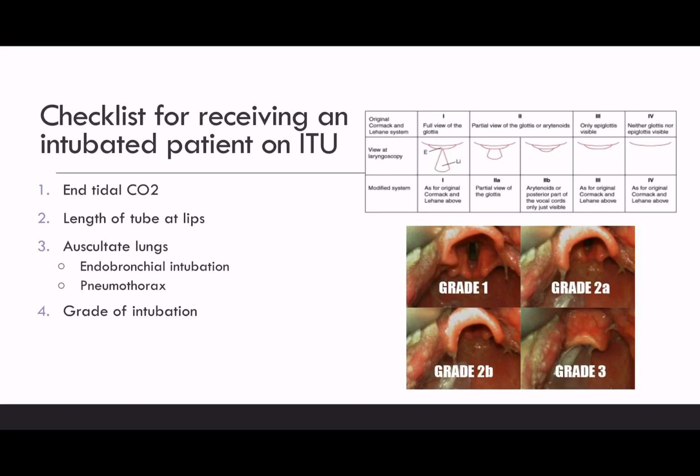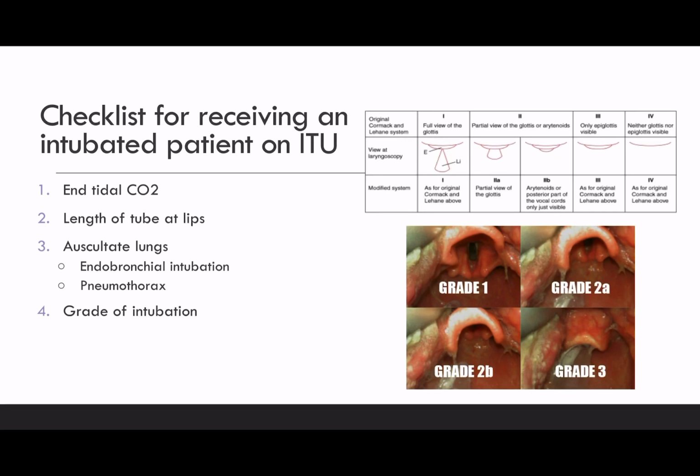Then it's worth checking the length of the tube at the level of the lips or the teeth. This is really important because if it's in too far, it's more likely that you need to think about an endobronchial intubation, or if it's not in far enough, again, there's a chance that it might get coughed out, or it might knock out when you're transferring the patient, and therefore the patient might extubate accidentally.